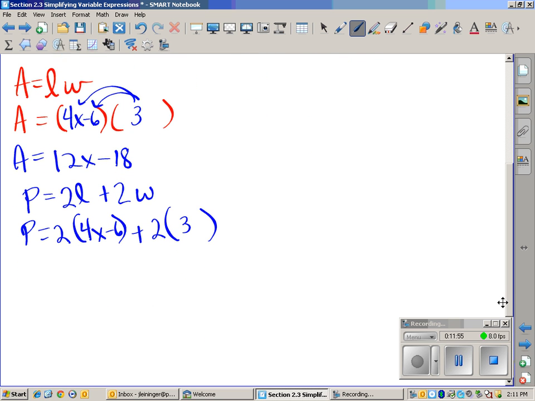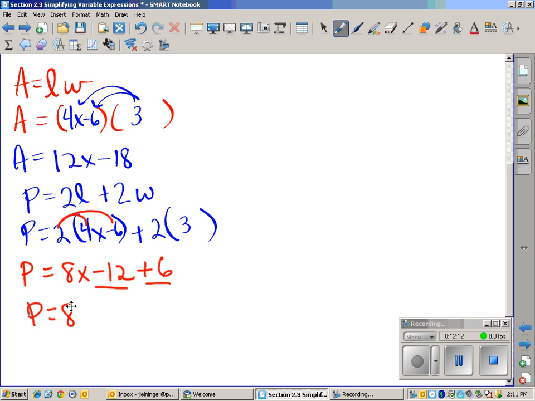So now we've got distribution. We're going to distribute, and we get 8x minus 12 plus 6. We're almost finished. We have to combine our like terms. We've got some numbers that go together, and we end up with 8x minus 6 units as our final answer for perimeter.